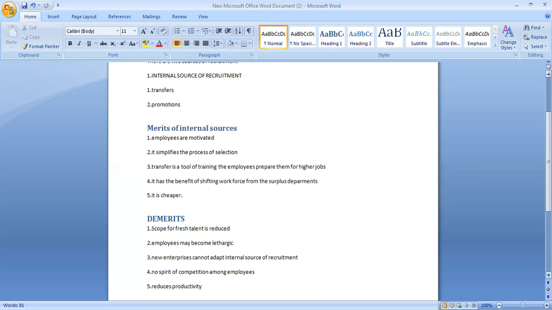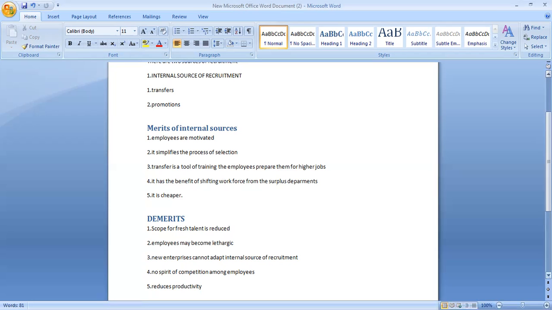And the next benefit to be discussed here is that it is a tool of training the employees, preparing them for higher jobs. When you give them transfers and a lot of chances to work with different departments and jobs, they learn new skills, face challenges newly, and try to learn on their own and sort out whatever problems arise within the management.